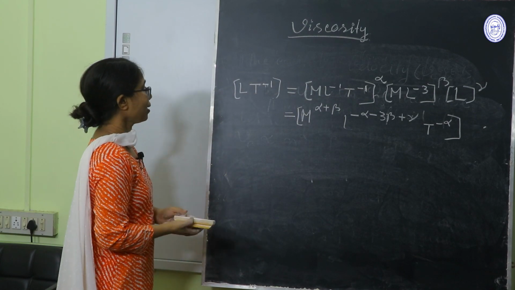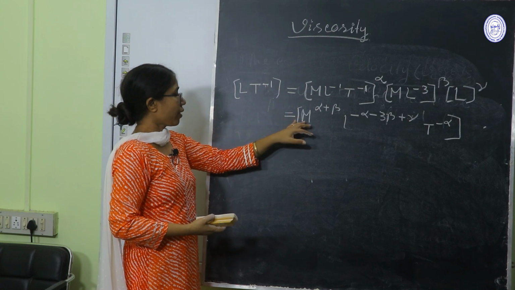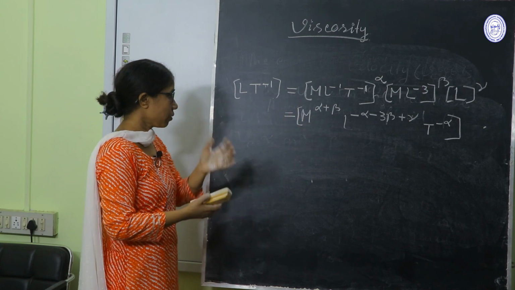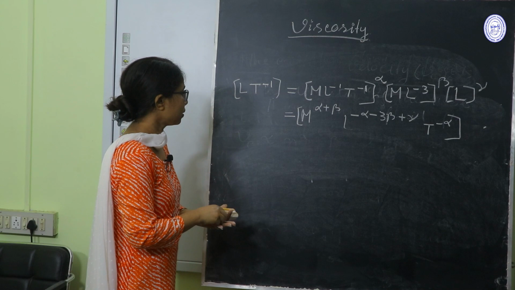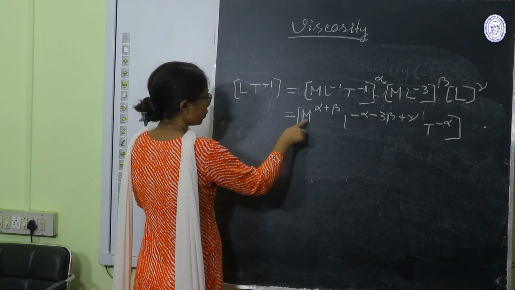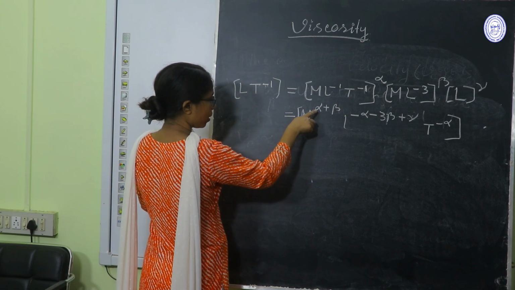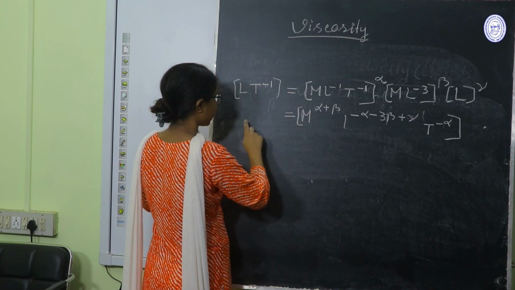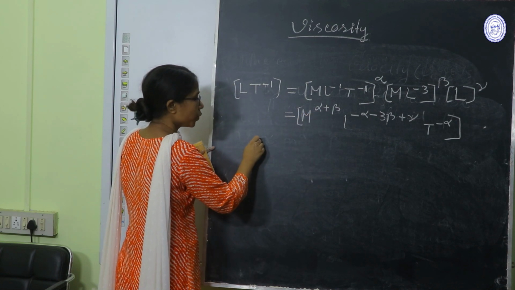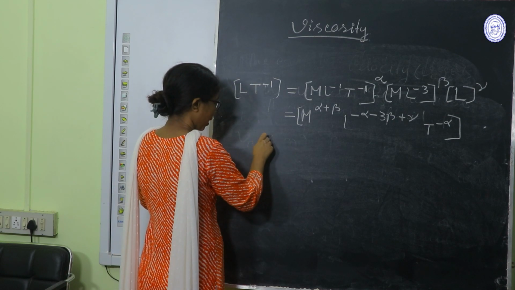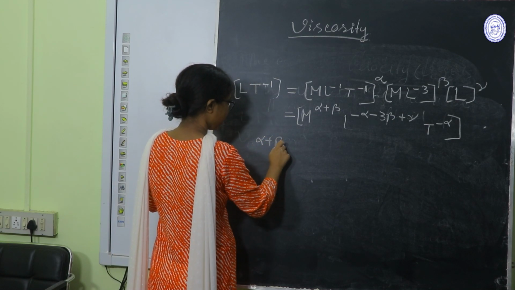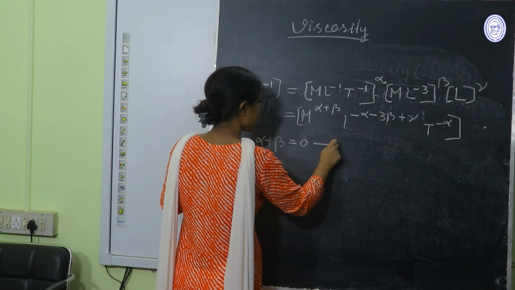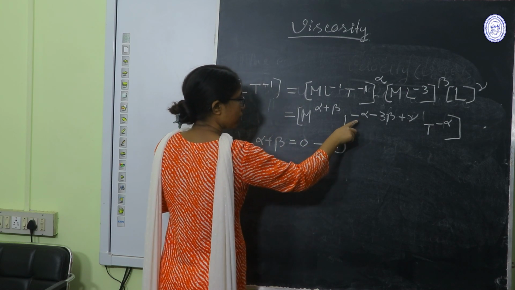Now, equating the powers of M, L and T: the power of M on the right hand side is alpha plus beta and on the left hand side is 0, so alpha plus beta is 0, equation number 1.